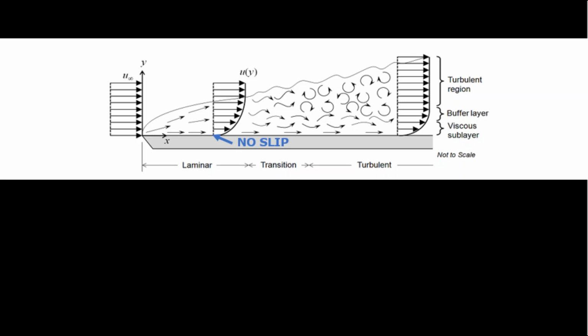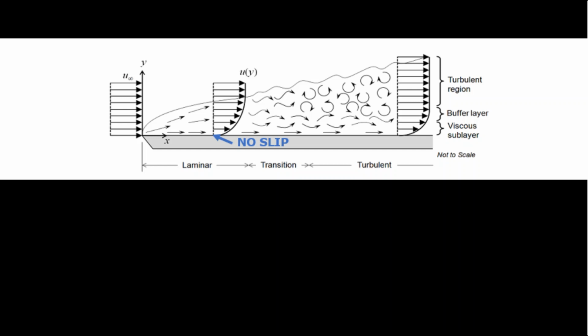This boundary layer is largely affected by the shear stress of the fluid in contact with the wall, or in other words, the boundary layer which begins to develop is largely affected by the viscosity of the fluid. And the flow actually in this region, in the laminar region, is very predictable.